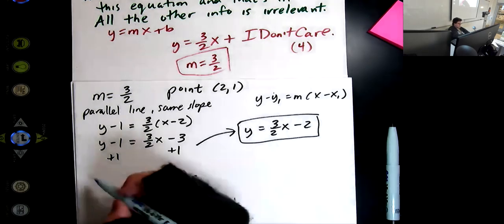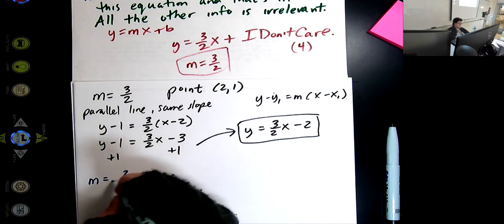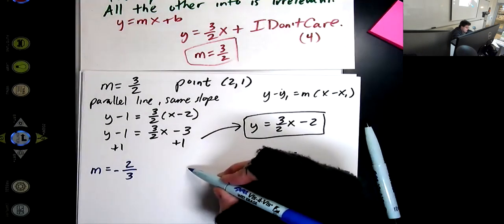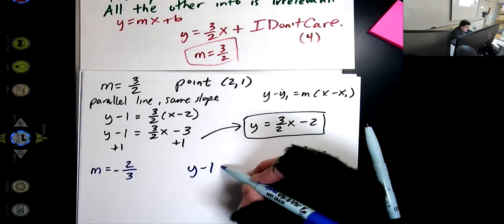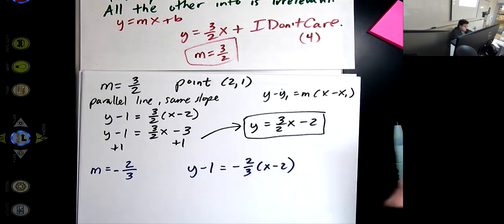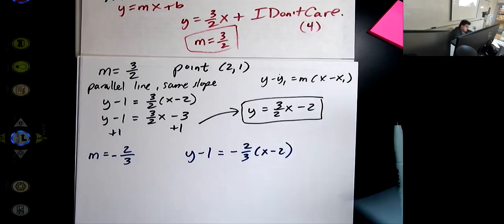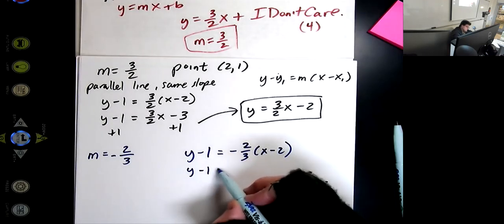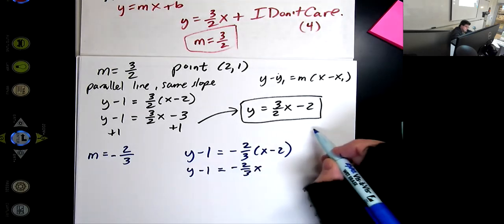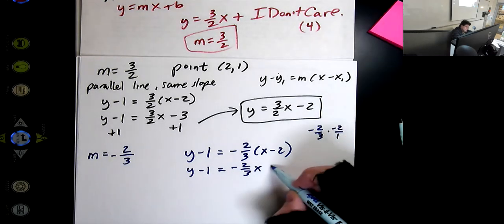If I want the line perpendicular, I will flip that fraction over and make it negative. And I'm going to do the same thing. Y minus 1 equals negative 2/3 times x minus 2. So negative 2/3 times negative 2 is plus 4/3.